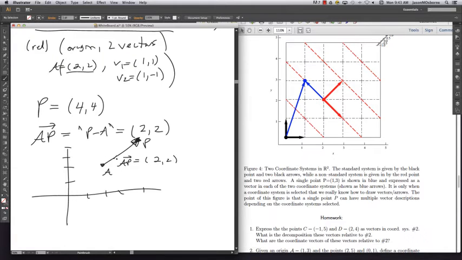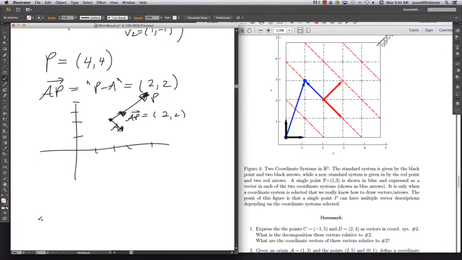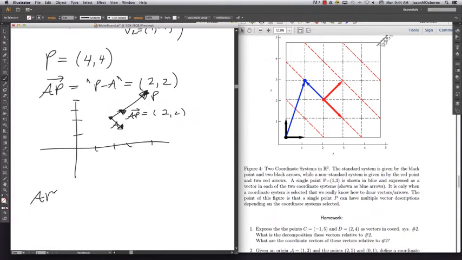But we also have the other part of our coordinate system, which is the two vectors. So the question now is, we want to take the vector A to P, which is (2, 2). If you could fly directly from this point to that point in a straight line, you should just follow the vector (2, 2).